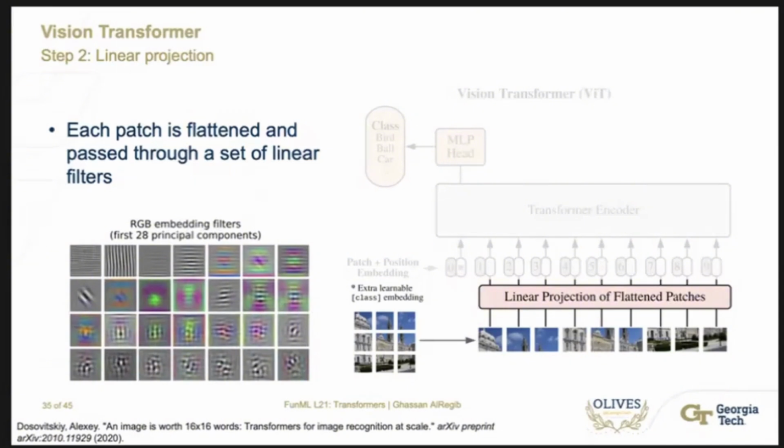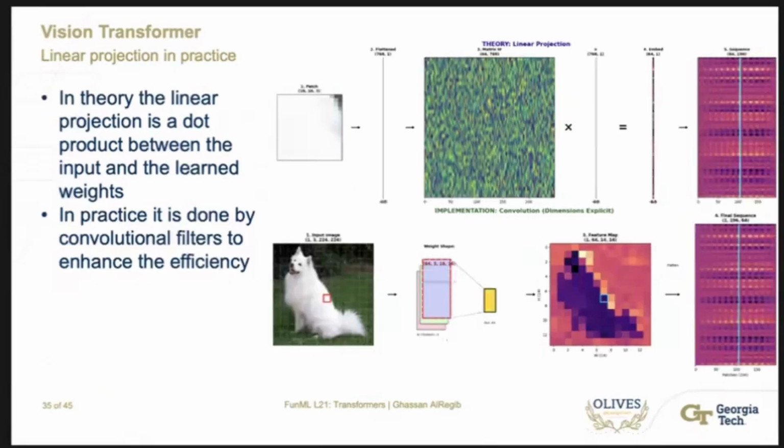So each patch is flattened and passed to the transformer model to learn the self-attention modules. And in theory, we have one patch that is flattened, and then we apply the dot product between the flattened patch and our weights to convert it into the embedding space. However, in practice, we apply convolutional neural networks in order to convert our patch to the embedding space.